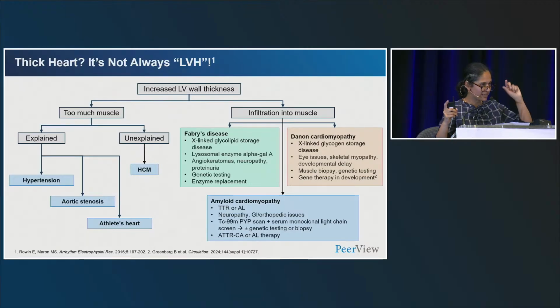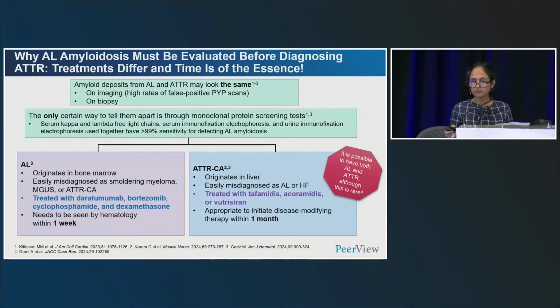So reorient that in your mind, or if you do echo reports yourself, change it always to increased LV wall thickness with no judgment on what the source could be, and ask yourself, is it too much muscle, explained or unexplained, or is it infiltration into the muscle? And by far, I mean, Fabry's I've seen a few times, Danon less, but amyloid is going to be by far the source if you think there's infiltration.